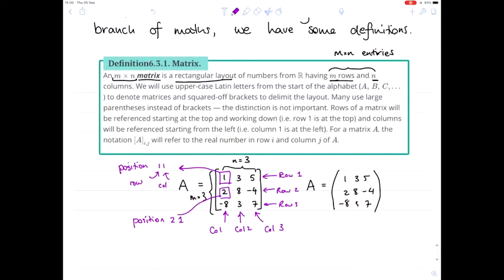We can also use our A with subscripts to help us know which entry we're referring to. For example, A21 says the element of matrix A that is in the second row and first column. So that's our 2.